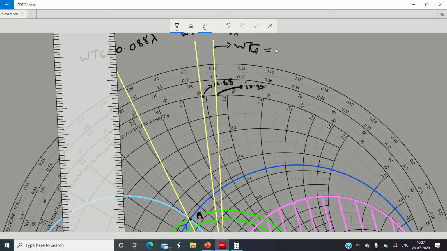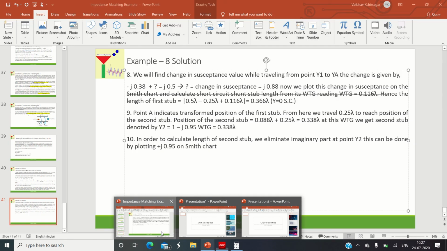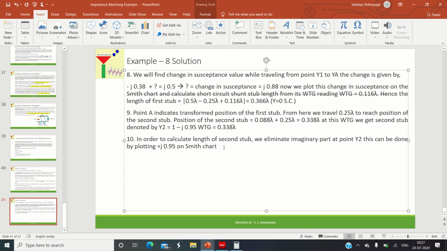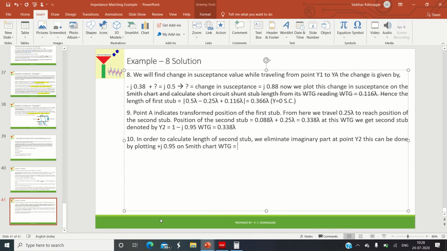So here I will write 0.121 lambda. This WTG of this particular imaginary part we have just located gives us around 0.121 lambda.